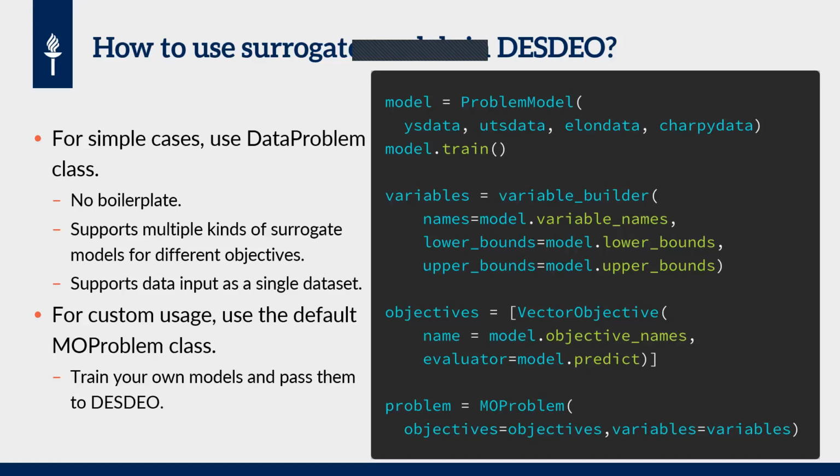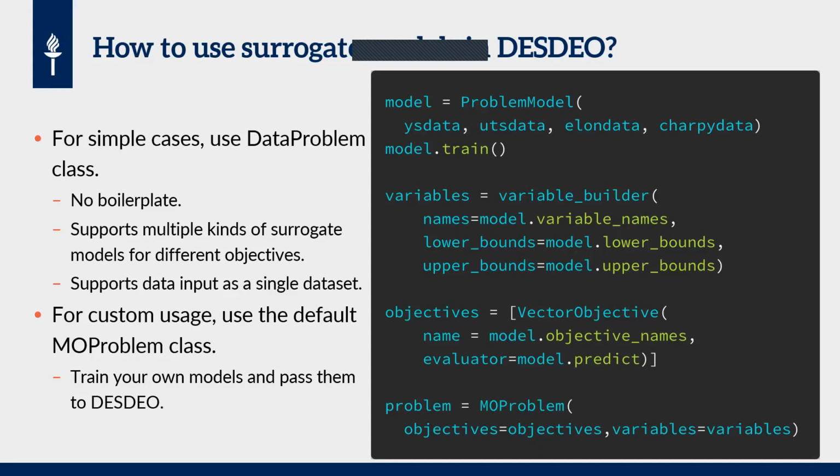We can build our variables, we can get the variable names and lower bounds from this particular model. Imagine that there is some code inside the model to do that. We can form the objectives where the evaluator will take the model.predict function. In this case, the model.predict does not just predict the 4 objectives from the surrogate model, but also the 2 other objectives, linear combination and the other, the cost one.